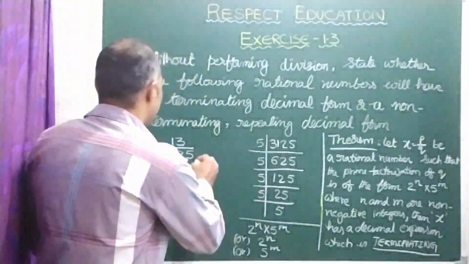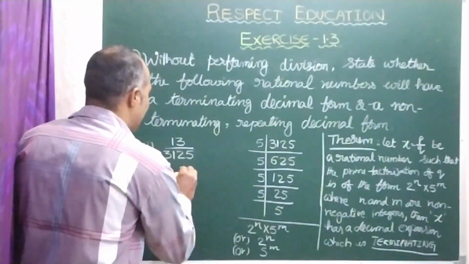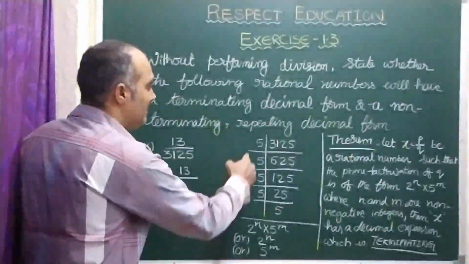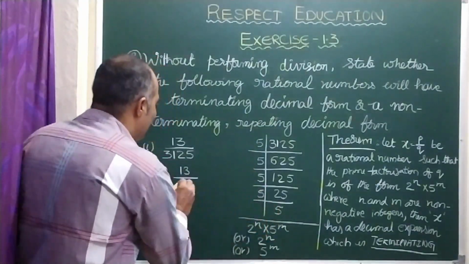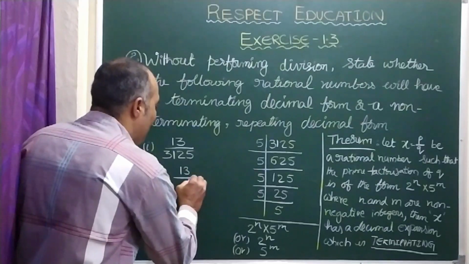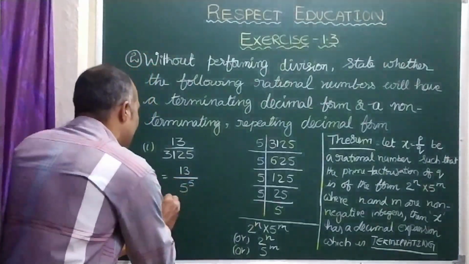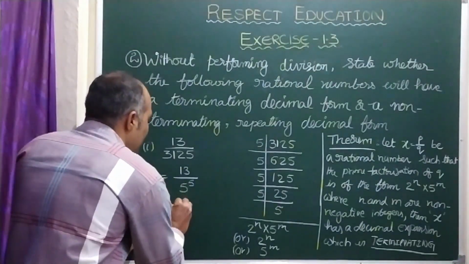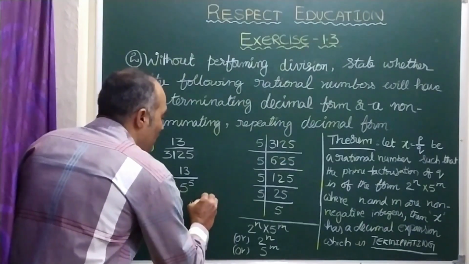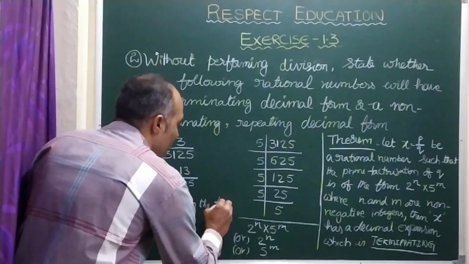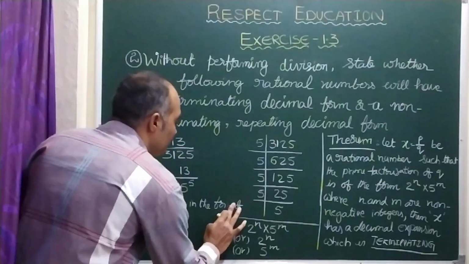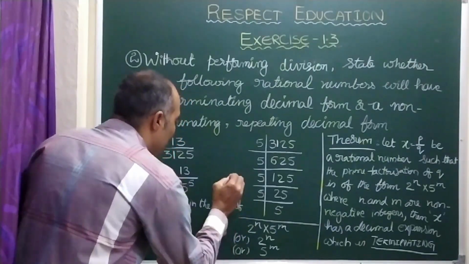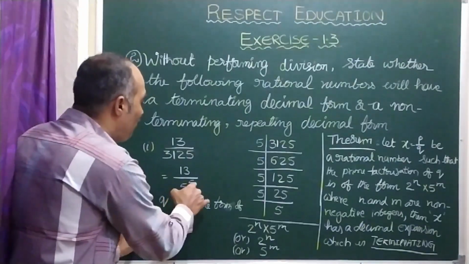See here, let us rewrite this problem. 13 by 3125 can be written as 13 by 5 power 5, right? Here q is in the form of 5 power m.